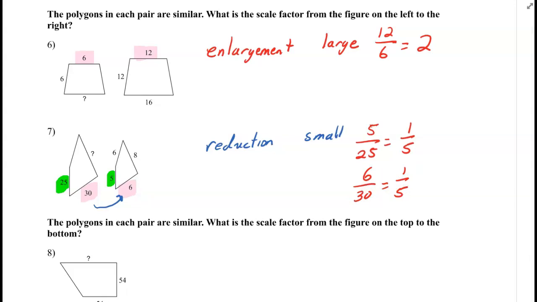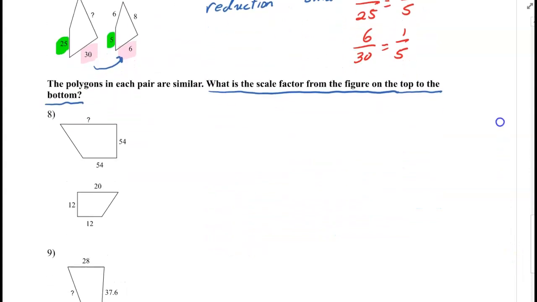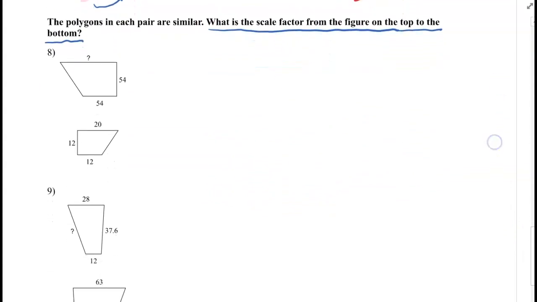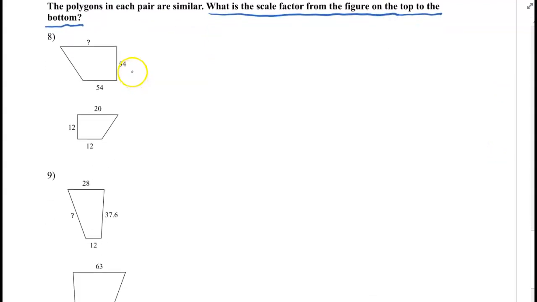For the next two problems, notice it says from the top figure to the bottom figure. So find the scale factor from the top to the bottom. And here, if you notice, I rotated the pictures. So from top to bottom, number 8, this is a reduction. Again, I did turn the pictures. So this 54 looks like it goes with the 12.